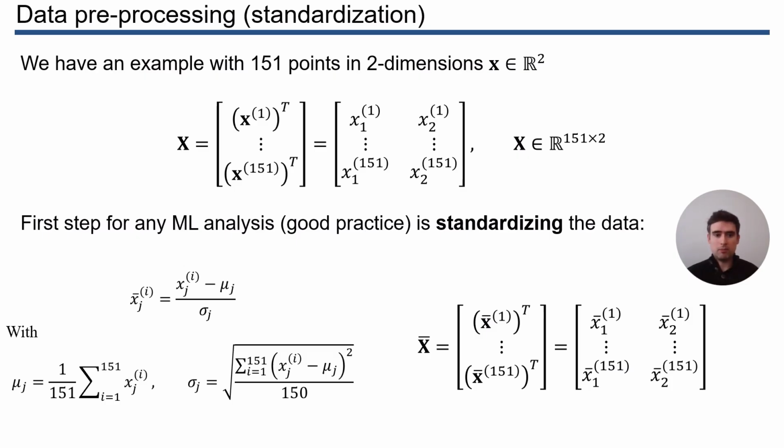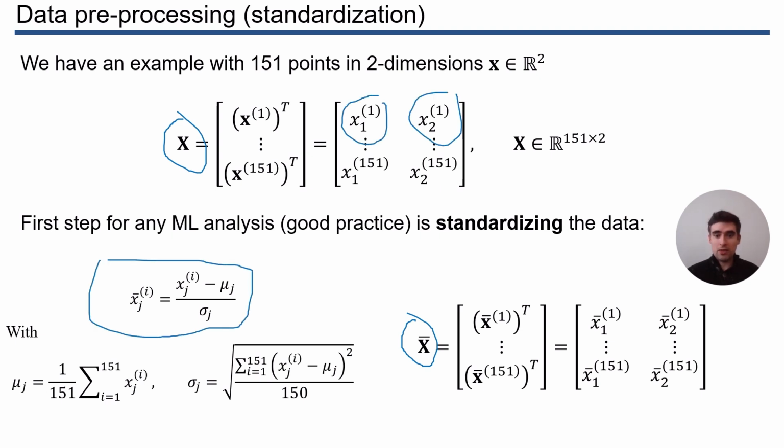And that's what I'm representing here. I'm going to have, from this initial matrix of features, which again can be all in different dimensions and with relative variations that I don't want, by using this expression on every single data point, standardizing every data point by the mean of that feature and the standard deviation of that feature, I'm going to create a new matrix, X bar, where every single point is simply X bar. And this is basically going to be a standardized matrix. And this matrix is going to allow me to train my machine learning models much better by extracting our information.